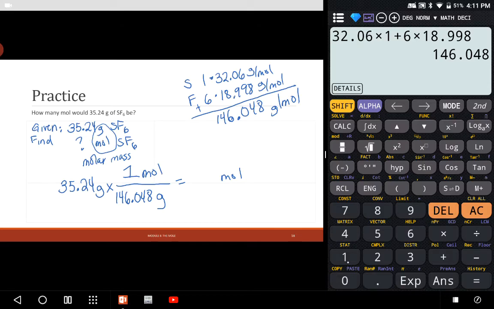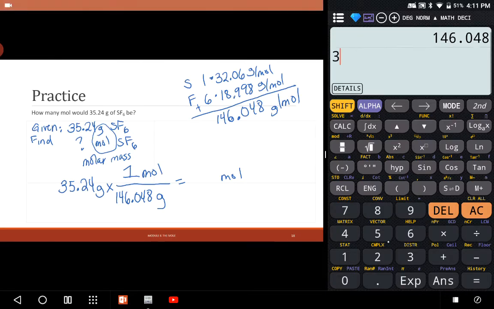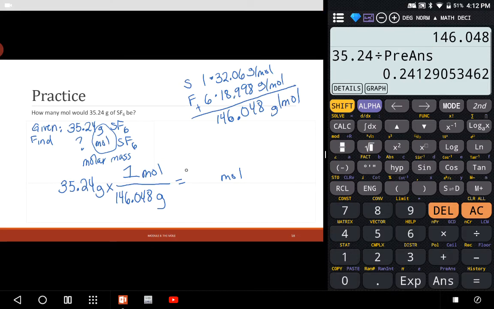And so I need to divide 35.24 divided by my previous answer. Let's see if this works. Might work. I'm still learning how to use this particular app. Looks about right.